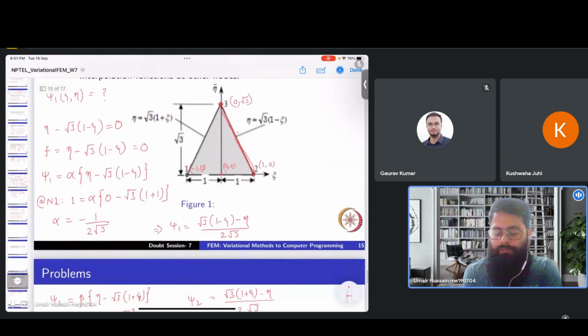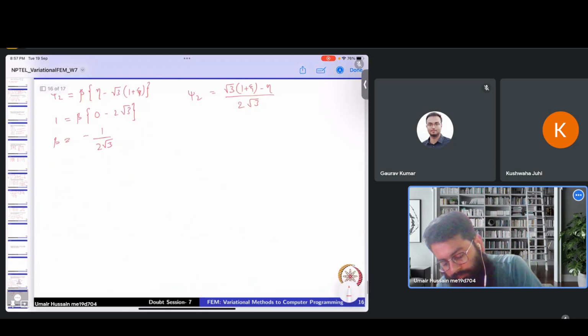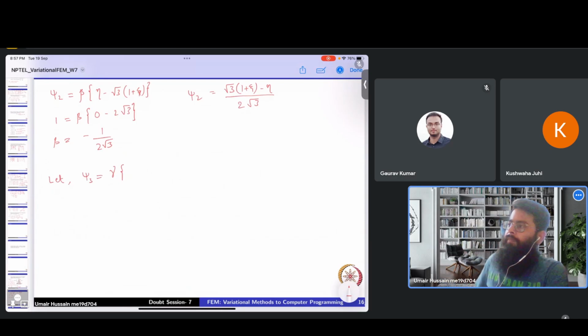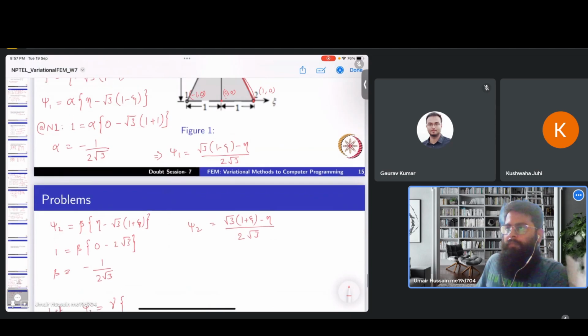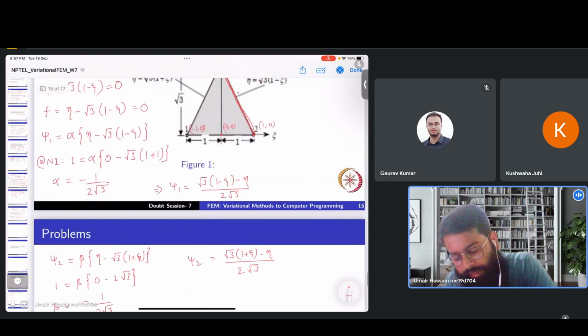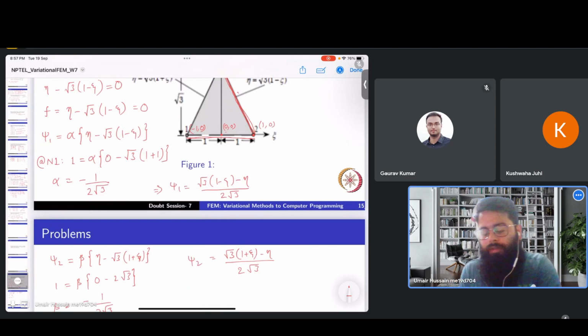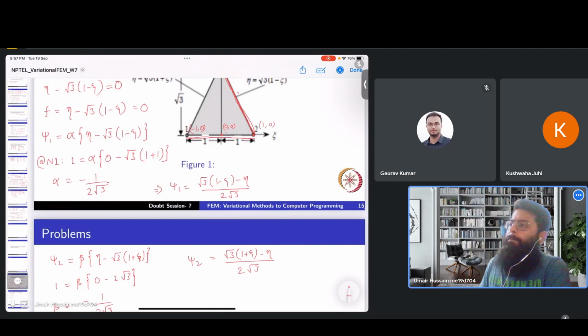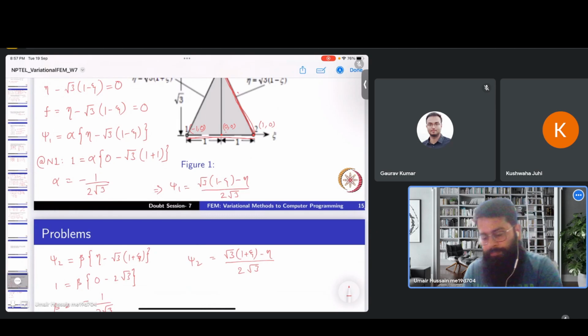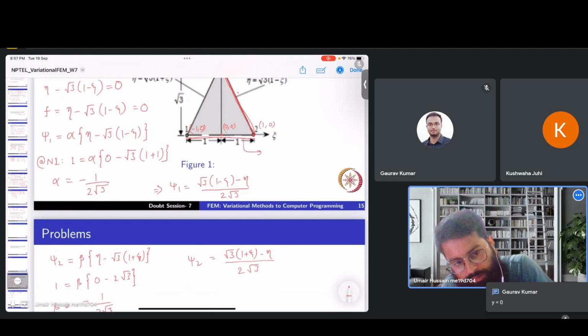So what should be the equation of the line opposite to node 3? Any guesses? What is the equation of this line here? This line is actually eta equals 0, right?